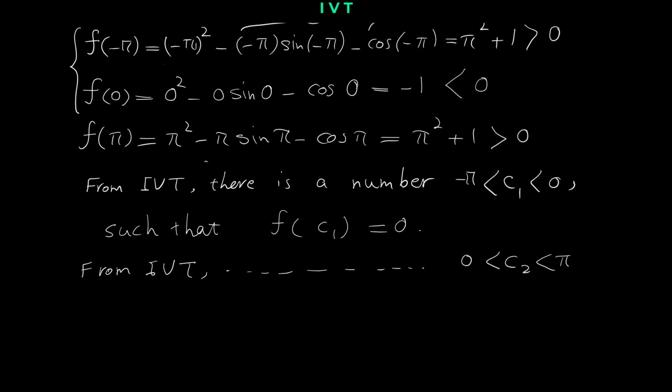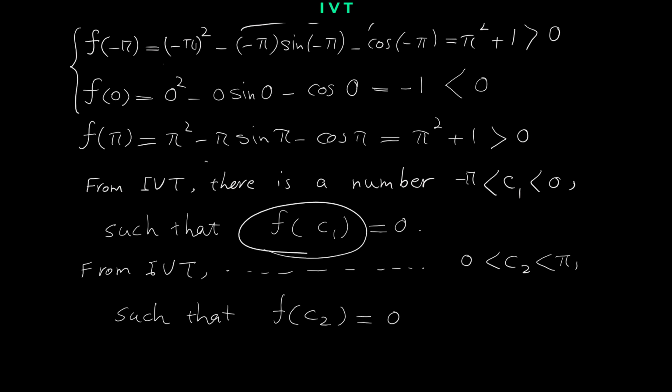From intermediate value theorem there is a number c2 between 0 and pi, such that f of c2 is equal to 0. So we prove that there are 2 numbers at which the function is equal to 0. So in this way we prove that the equation has at least 2 real solutions.